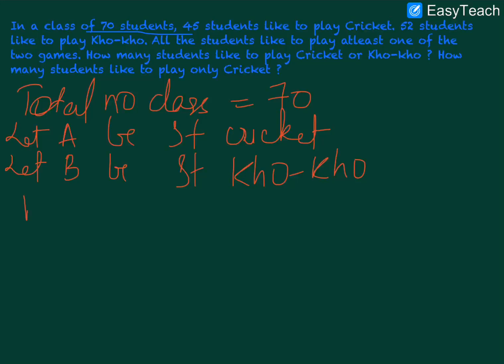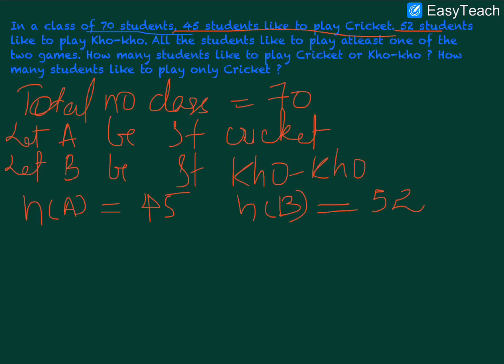So A is the number of students who like to play cricket. So n of A will be equal to 45 as given in the question. 45 students like to play cricket, and n of B, that is the number of students who like to play coco, is 52.